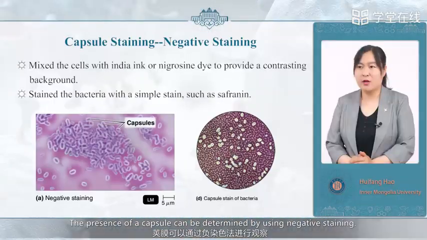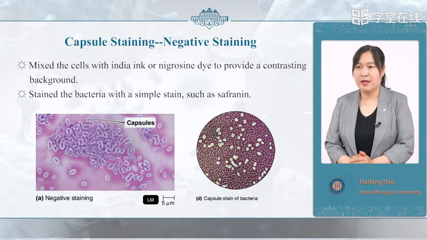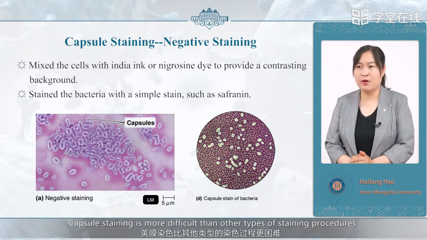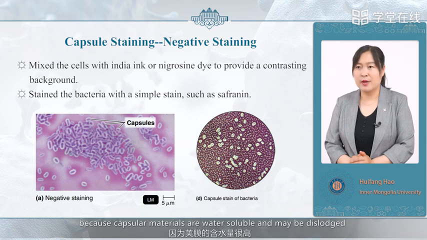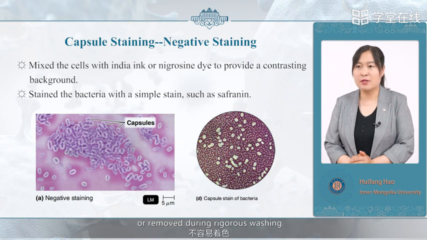The presence of a capsule can be determined by using negative staining. Capsule staining is more difficult than other types of staining procedures because capsular materials are water-soluble and may be dislodged or removed during rigorous washing.